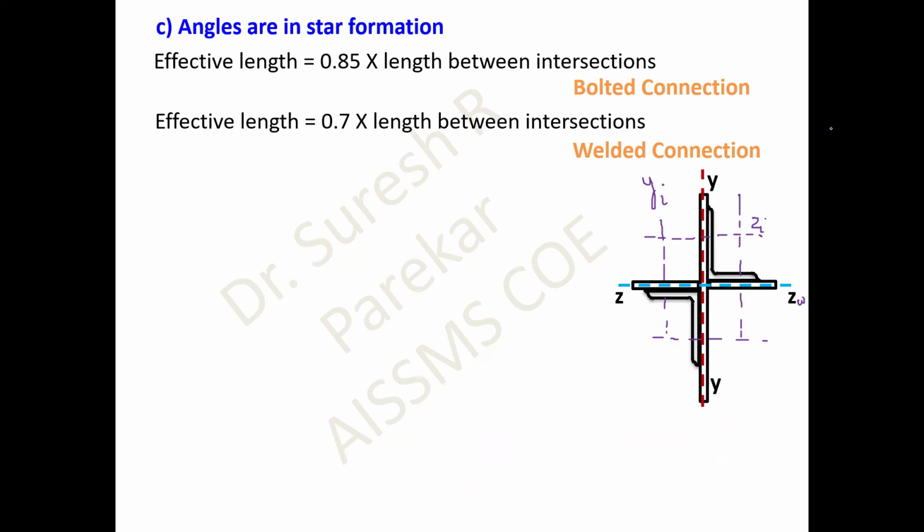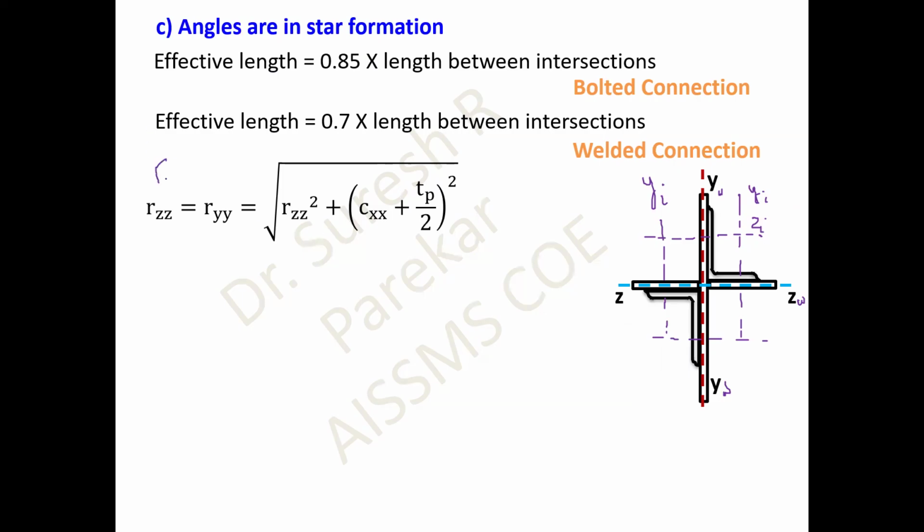So in this case, star angles, we have to find RZZ and we have to find RYY. Both these values are going to be the same if we have equal angles, and if we have unequal, then we have to find the values again.